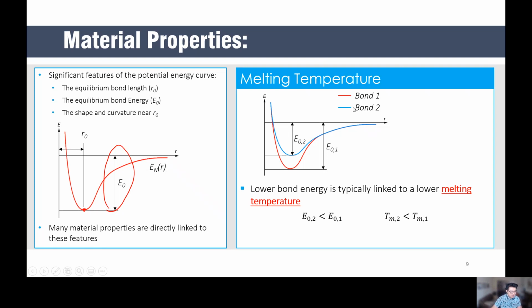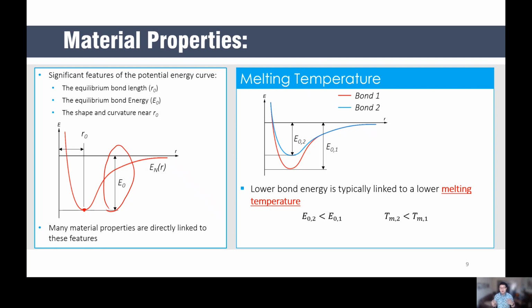So in this particular system, bond 1 has a steeper minimum point, and bond 2 has a shallower minimum point. What it's saying is that in bond 1, the two atoms are bonded together more strongly, with a stronger energy, which means if I want to break the bond, I need to supply more energy to break it.